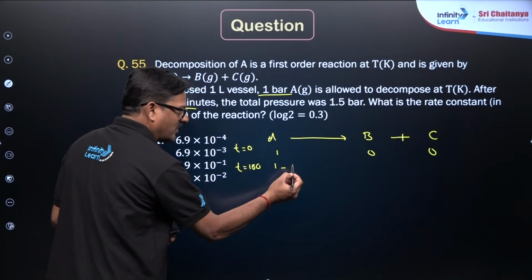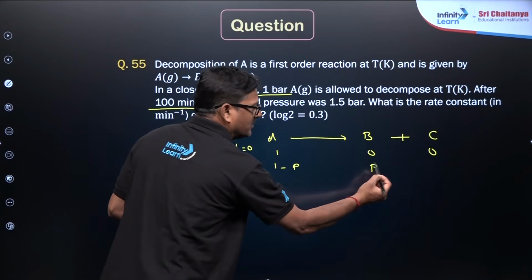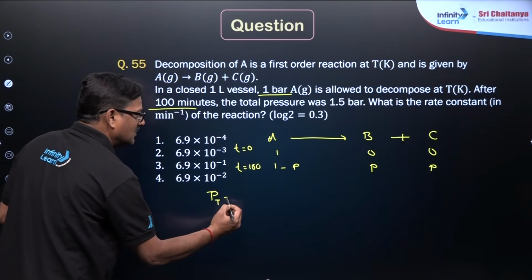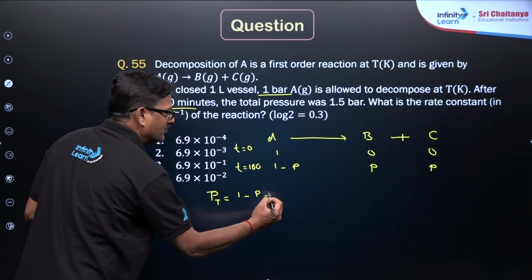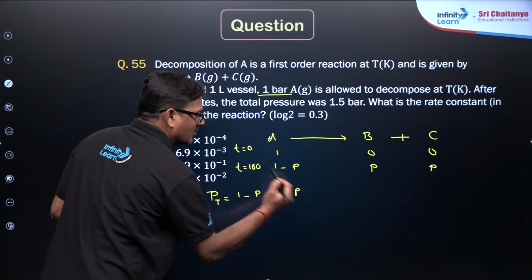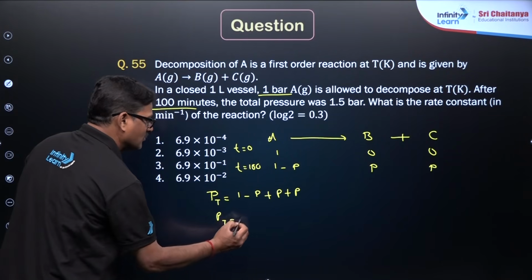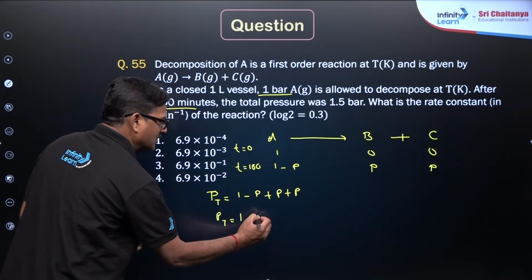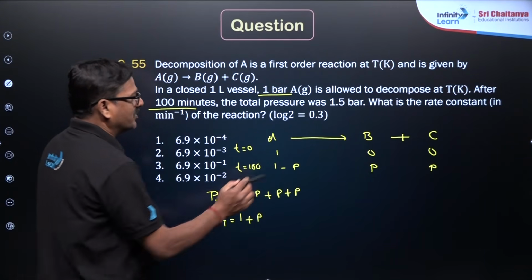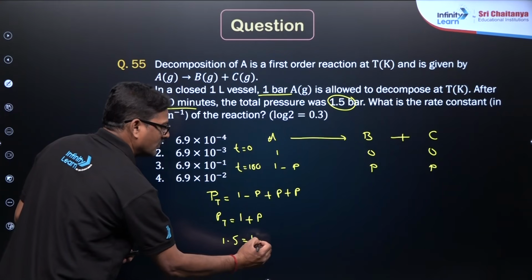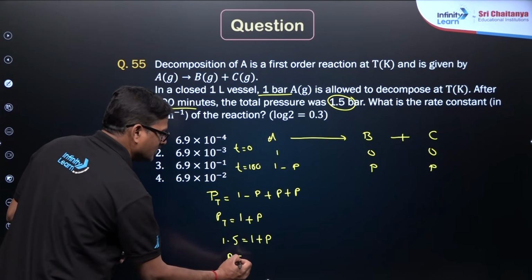It is going to be 1 minus P, and P and P. So the P total is going to be 1 minus P plus P according to Dalton's law of partial pressure. So the P total is equal to 1 plus P. P total is said to be 1.5. 1.5 is equal to 1 plus P, and P is going to be 0.5.